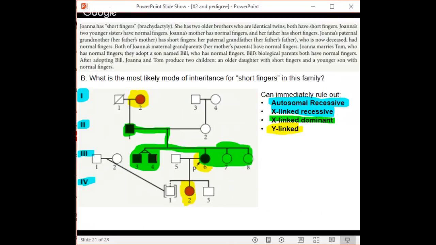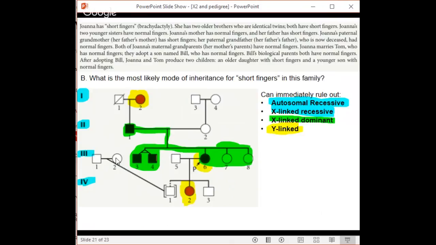The X-linked dominant trait, we can also rule out because Joanna here, her father, is a presenter of this trait, and if it was an X-linked dominant trait, he can only supply an X dominant for this.